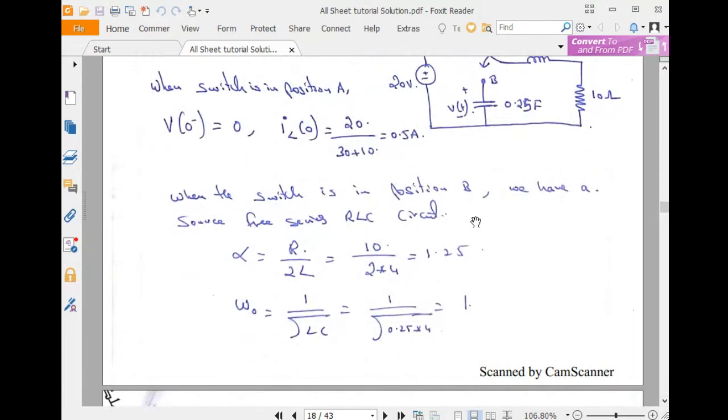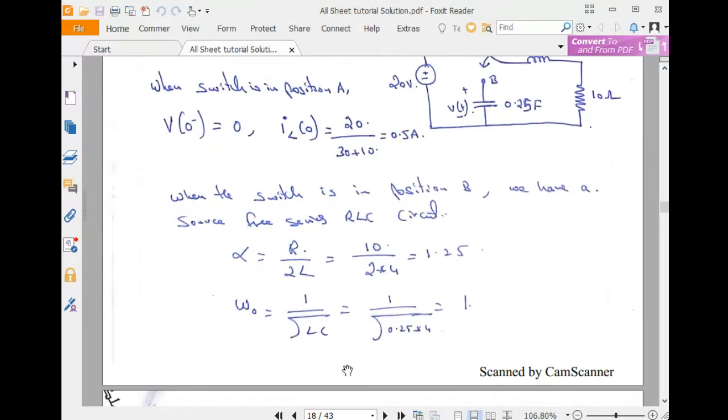Then the switch is moved from A to B. Then it will be a free running circuit. Free response of RLC. This is the procedure. Just find the values of alpha and omega naught. Alpha equals R by 2L, you will get 1.25.